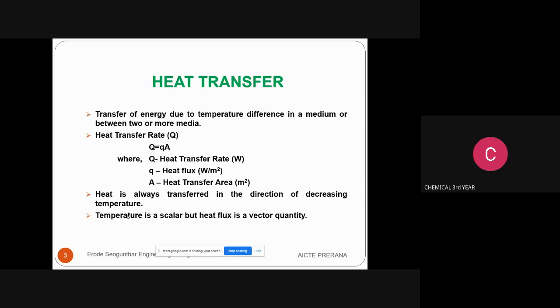So only while writing the q term, we'll mention qx, qy, qz, like that, because heat flux gives the impact based on the directions of the heat flow. So only here also we have mentioned heat flux is a vector quantity. So qx, qy, qz just resembles the sentence heat flux is a vector quantity.